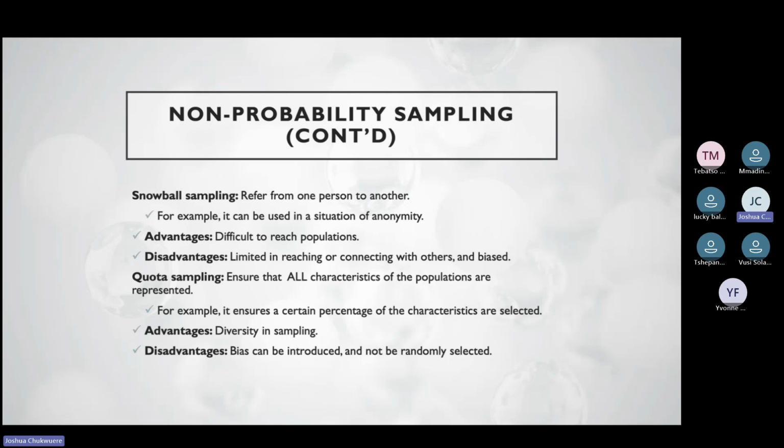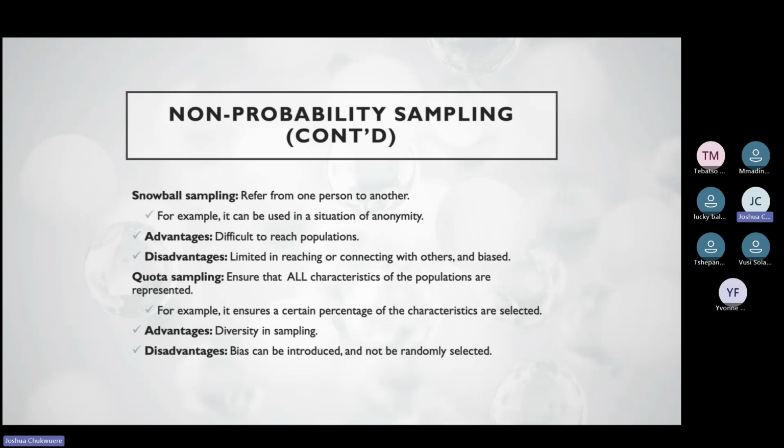Let's say for example, you're looking at the role of generative AI in increasing exam malpractice, right? That is your topic, the area you're working on. You're able to get one person who has used generative AI to engage in exam malpractice. The person will link you to another person who has used it. That person will link to another person who has used it, and they continue.